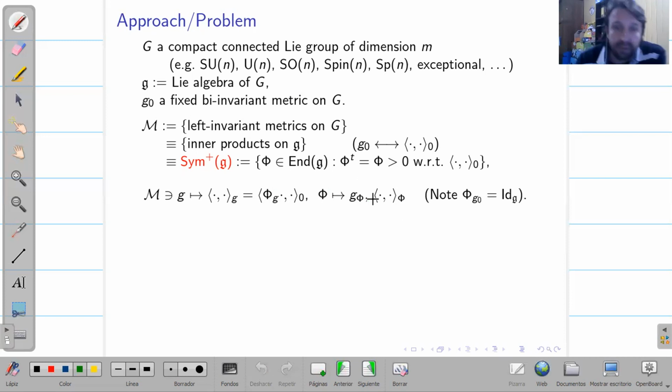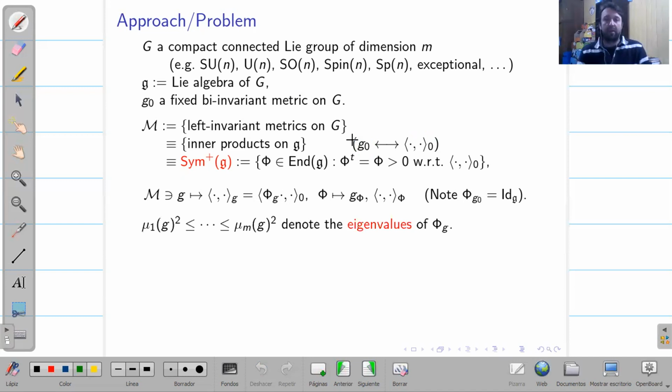And note, this is going to be important, that the identity map, which of course lies here, returns the bi-invariant metric. Because if you put the identity, this is the inner product in correspondence with the bi-invariant metric.